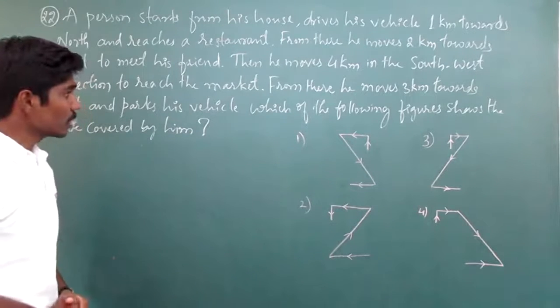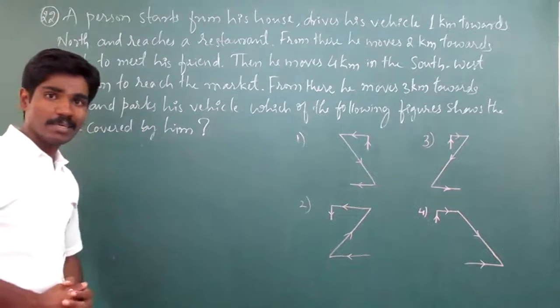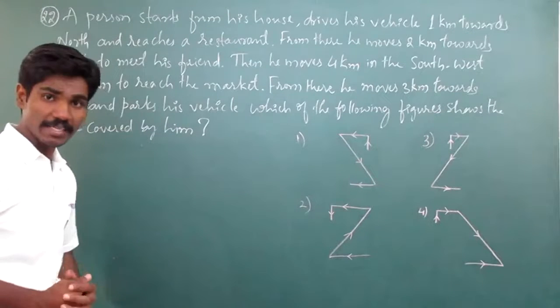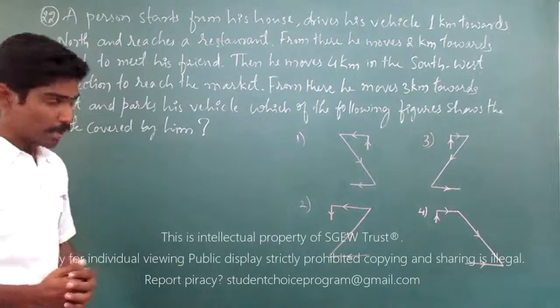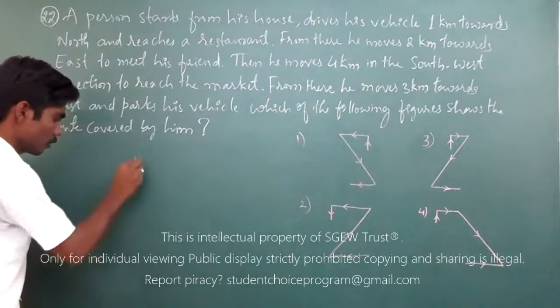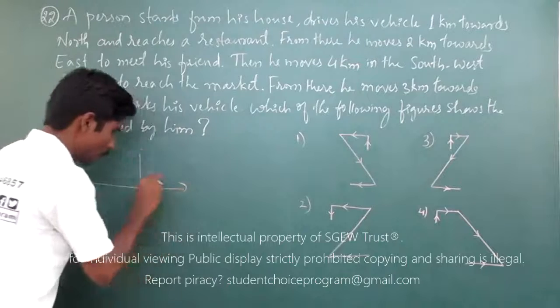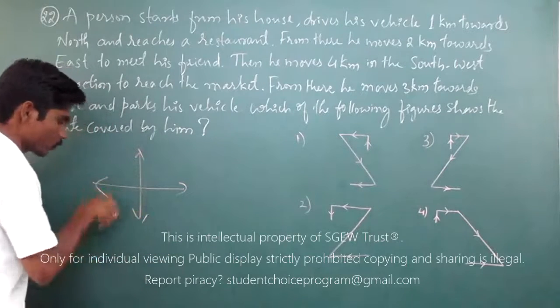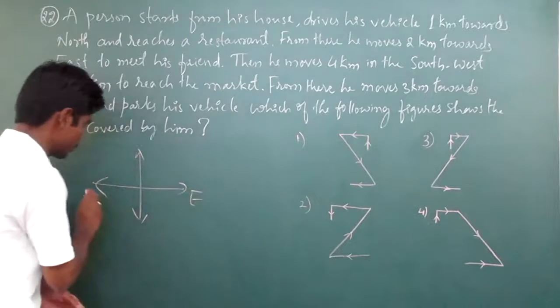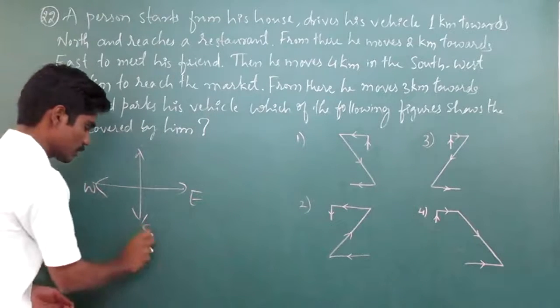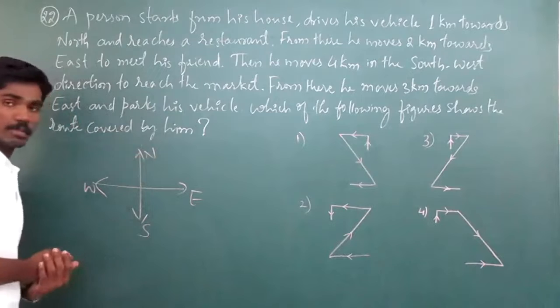Well friends, this is a problem related to direction, and I think the students may already know about the directions. If you do not know, let me explain. We have 4 directions: east, west, south, north.